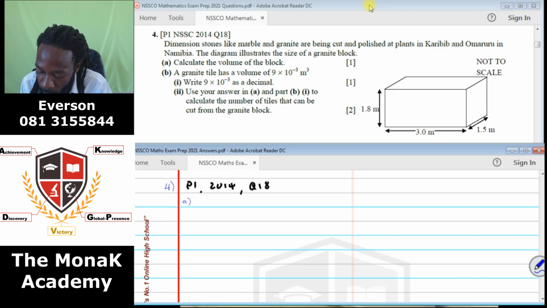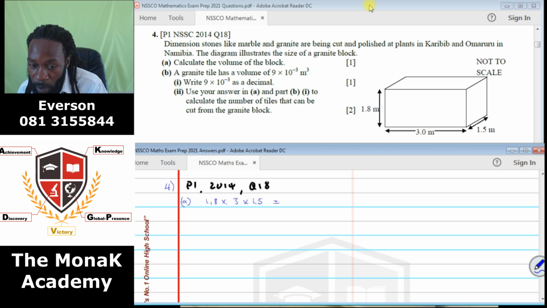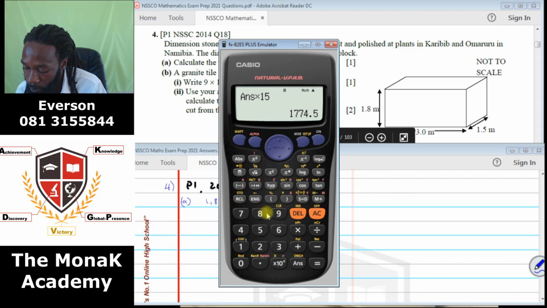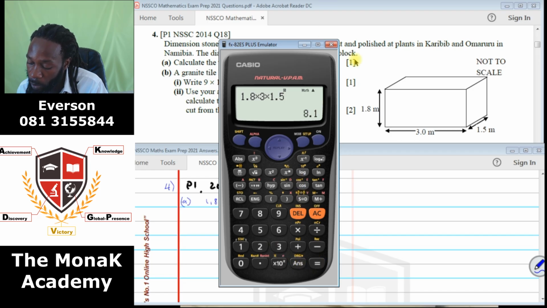It says, calculate the volume of the block. So block, we know it's a rectangular prism, so it's 1.8 by 3 by 1.5. Nothing complicated about that. 1.8 by 3 by 1.5 is 8.1.